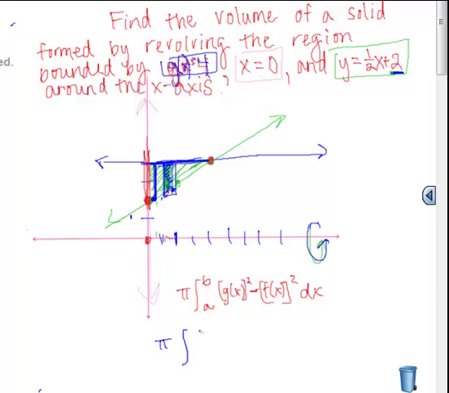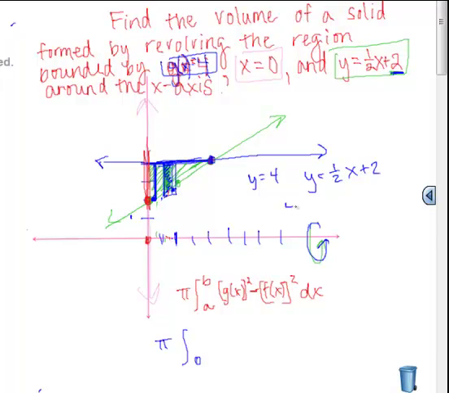Here I am going to have to solve for my a. You can see that a, where this bounds end, is 0. If you need to solve for this point, because you can't always trust your graph, it's the intersection of two lines: y equals 4 and y equals 1/2 x plus 2.